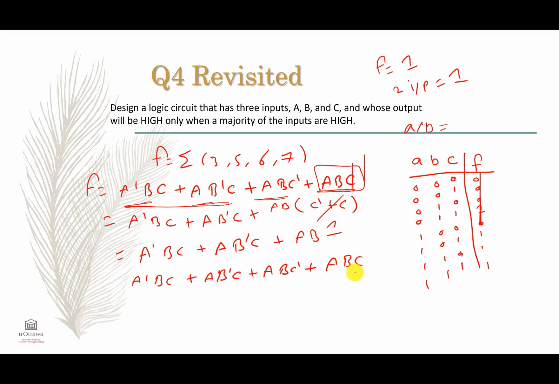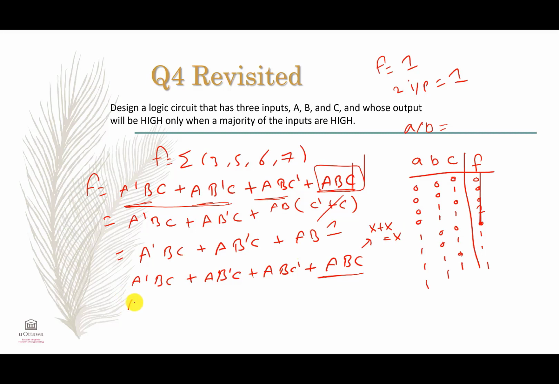As you can see, this term here has 2 variables in common with each term, so I can use it. Like if I say x plus x, it is still equal to x. Therefore, I can copy this term 3 times.